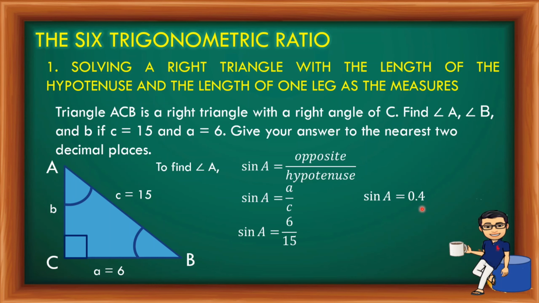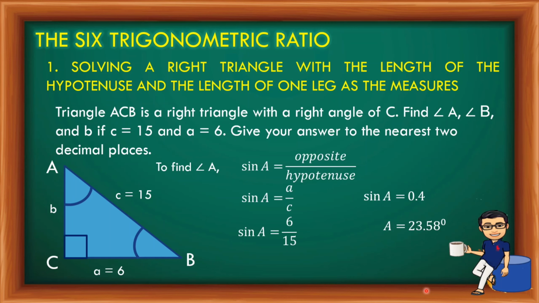So gamit ang scientific calculator, hahanapin na natin si angle A. Meron tayong makikita sa scientific calculator na sine inverse, and ito yung magiging sagot natin. Angle A is equal to 23.58 degrees, rounded to the nearest 2 decimal places or hundredths.